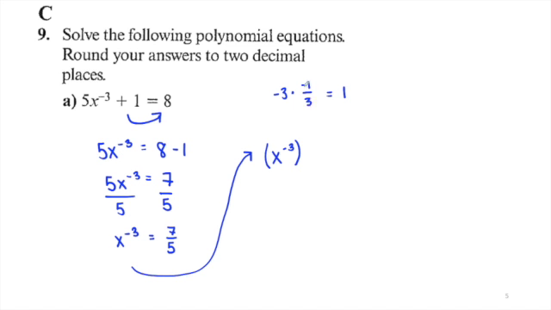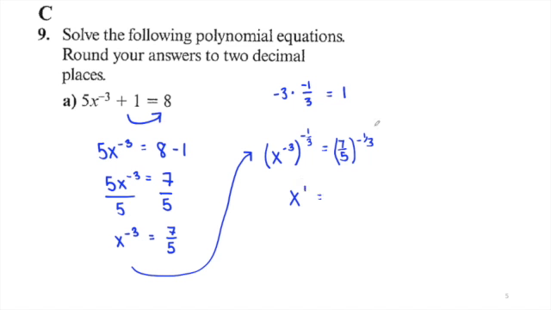So negative 3 times negative 1 over 3 is positive 3 over 3, which is 1. So we're going to raise it to the negative 1/3 power: x to the negative 3, to the negative 1/3, is equal to 7 over 5, to the negative 1/3. What you do to one side, you have to do to the other side. Okay, that cancels that out. That's why we did this. Negative 3 times negative 1/3 is just 1.